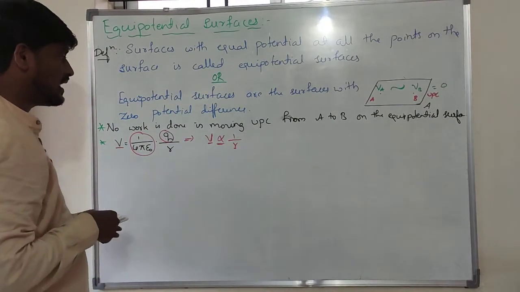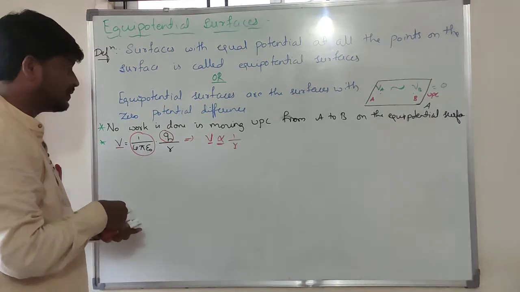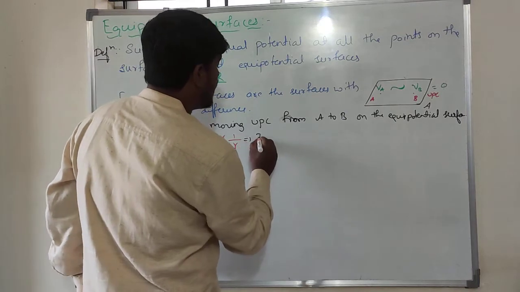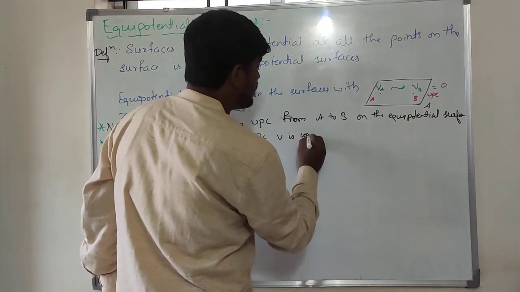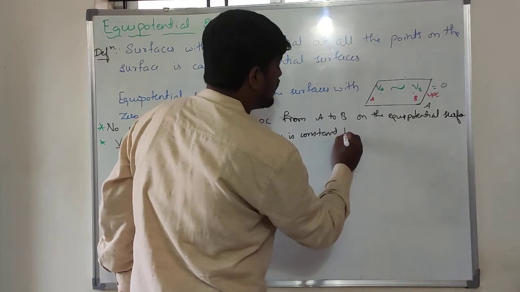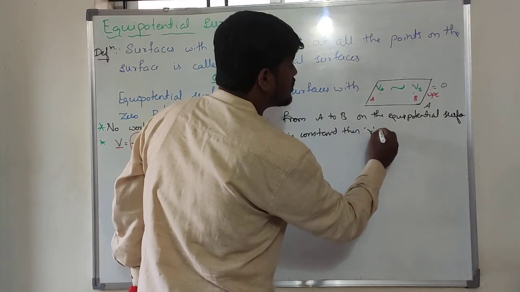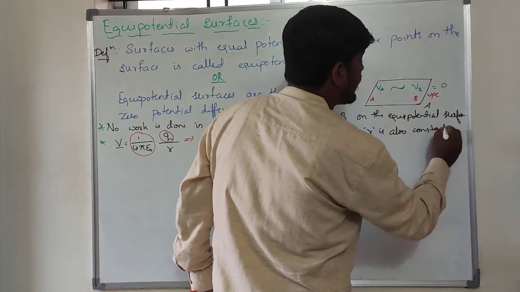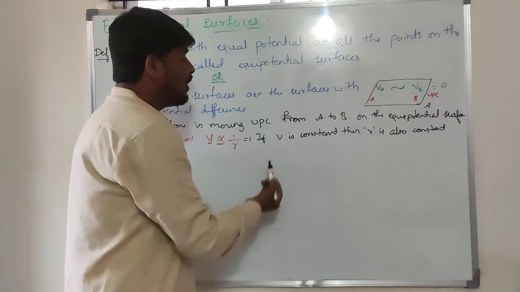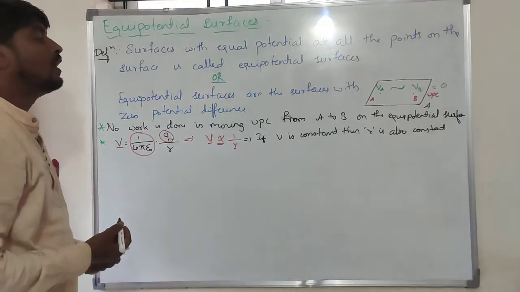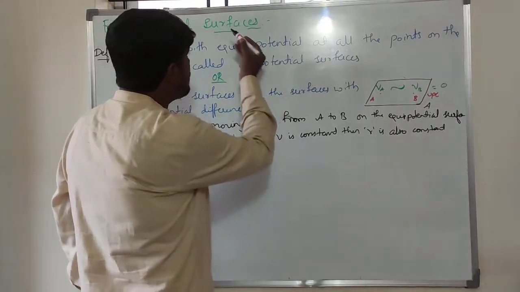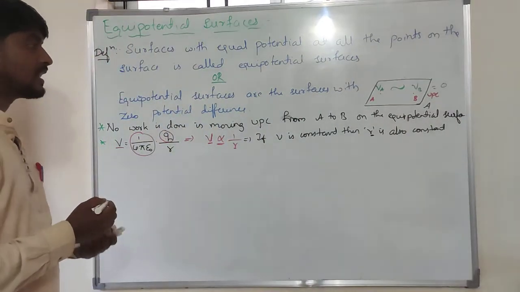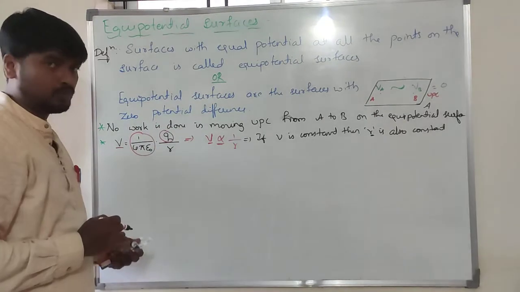Hence we can say that if V is constant, then R is also constant. The equipotential surface is therefore a surface of equal radius R, a concentric circle at the center, say, Q.